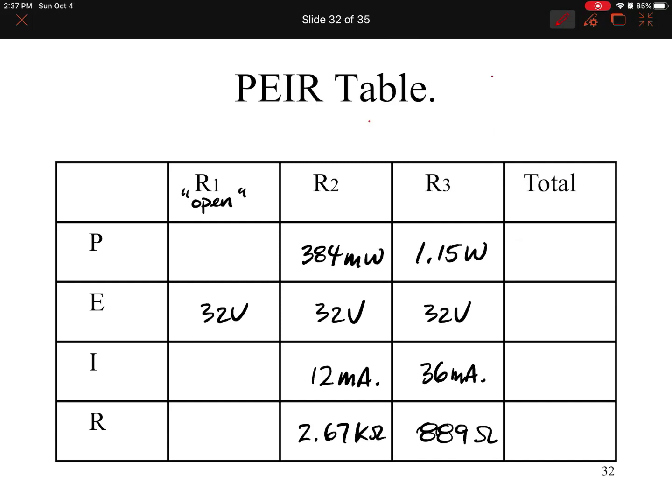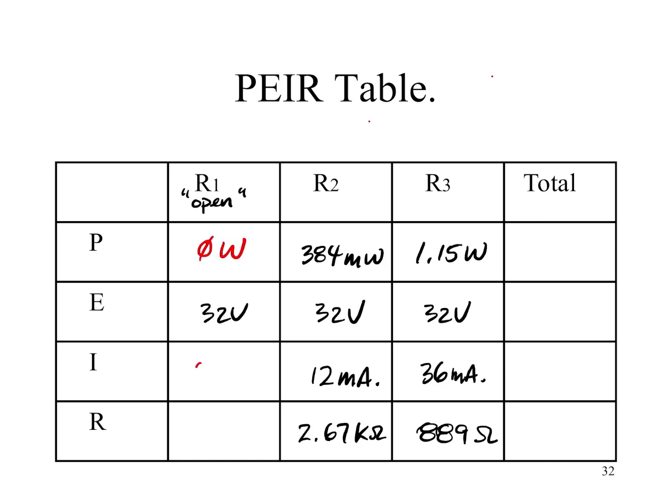Now if we look at the new values, let's look at the R1 branch. Power now is going to be 0 watts. Current, we know it's going to be 0 amps. The resistance is going to be infinite ohms.